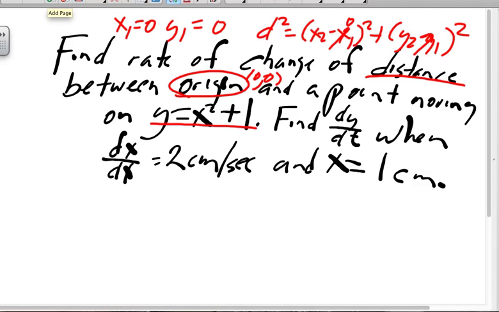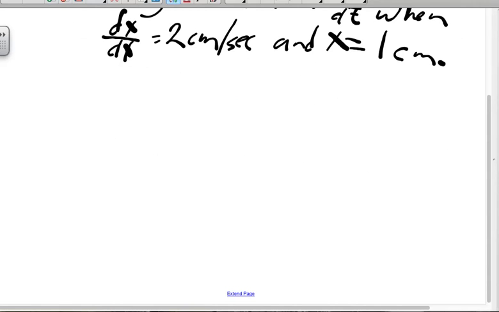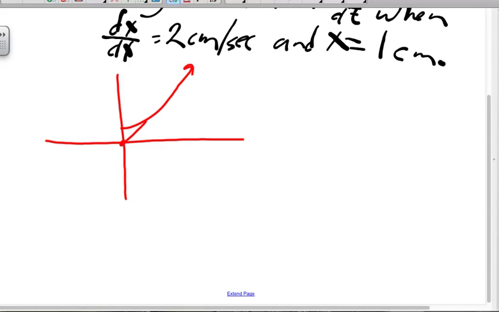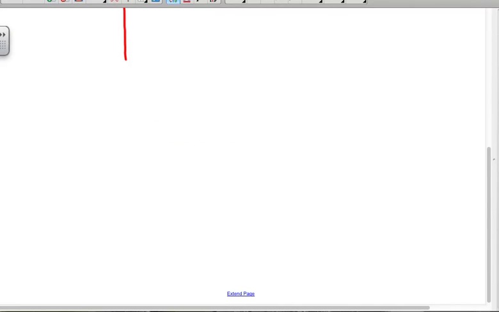First thing I always like to do on problems like this is to actually draw myself a little picture so I have some clue what I'm doing. So here's my coordinate system. Here is my origin, and here is the path, and this is the distance we are solving for. All right, so what we're going to do then is solve for square distance.